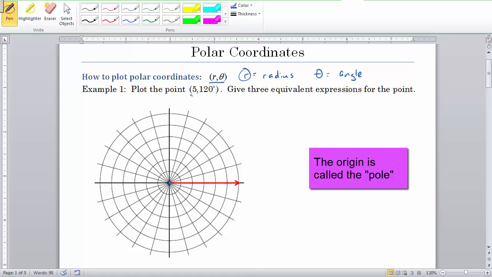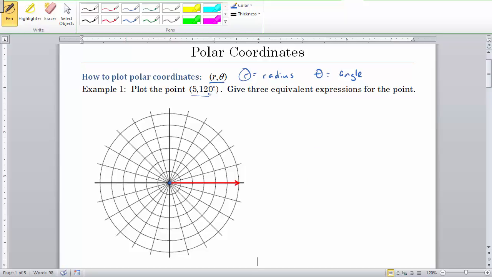How can we plot the point (5, 120 degrees)? Well, believe it or not, we're going to do the angle first. Now I have some little help. Let's look at my polar coordinate grid.